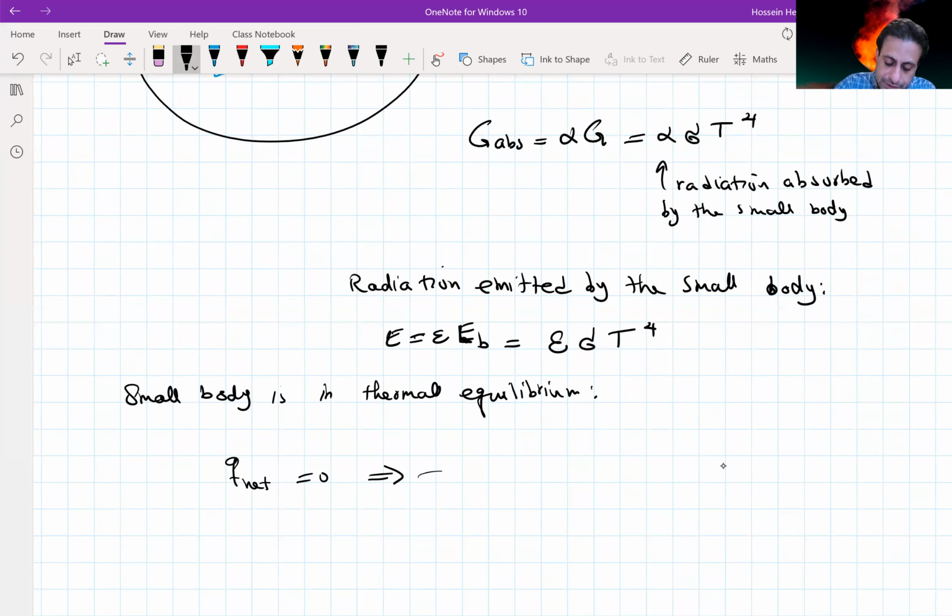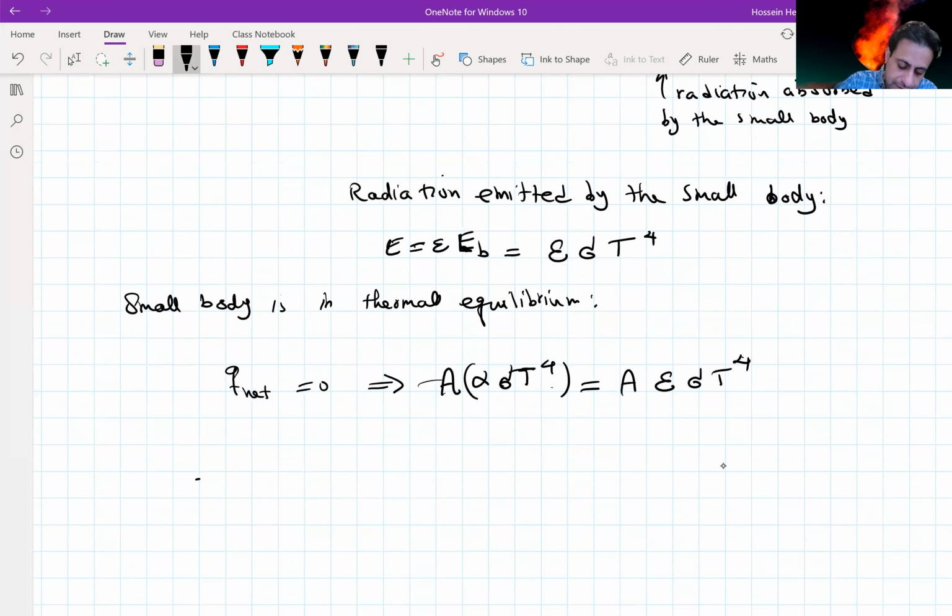The total energy absorbed is the surface area times the amount received, which is alpha sigma T to the power of 4, the G of absorption. This is per unit area, so times the area, it is going to be equal to the area times epsilon sigma T to the power of 4.